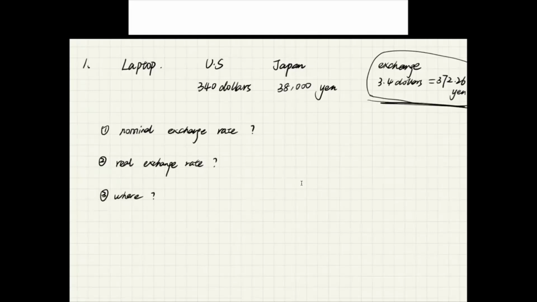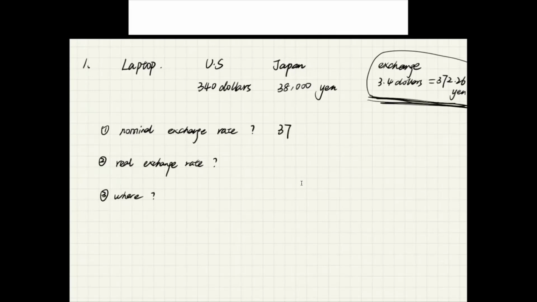So for the nominal exchange rate, if you have US dollars and want to change them to Japanese yen, what can you have? Now suppose that you have 372.26 Japanese yen and want to change it to US dollars. How much can you get by using the bank system, okay?